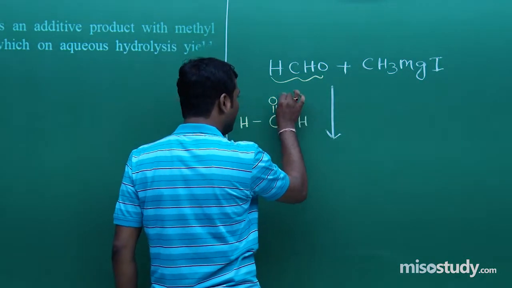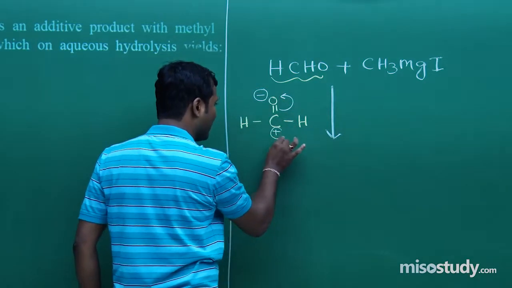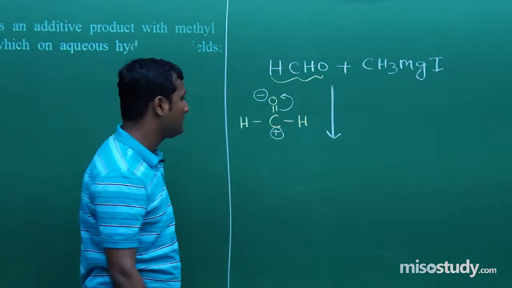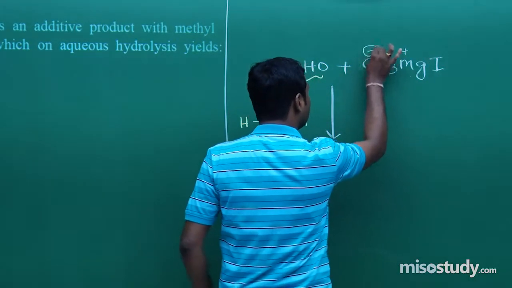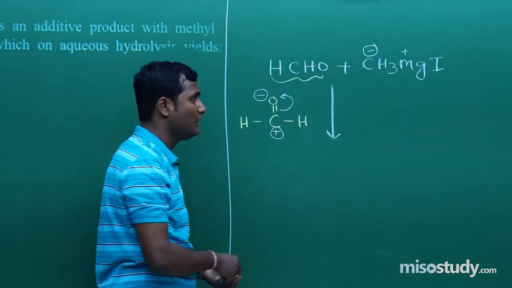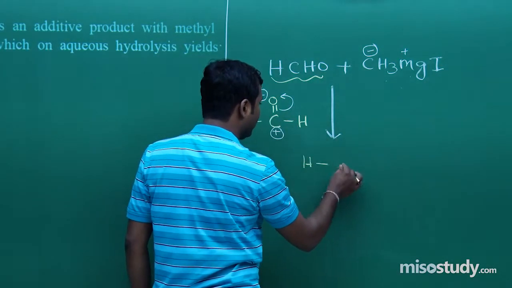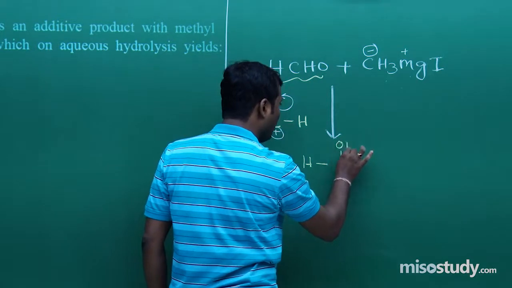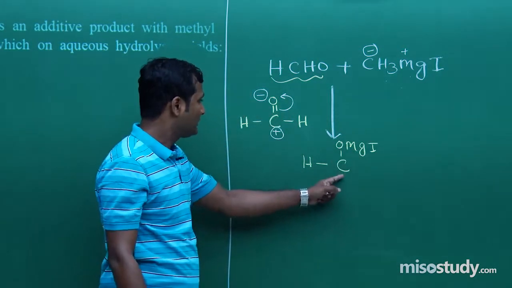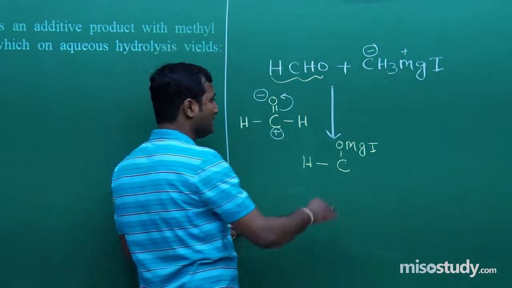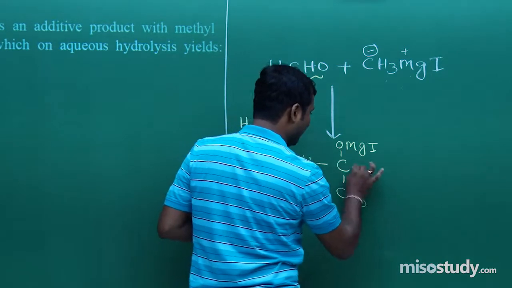As we know, this carbon acquires a positive sign and this oxygen acquires a negative sign, so the CH3 will move here. So the intermediate product is H2C OMgI, with CH3 and H.